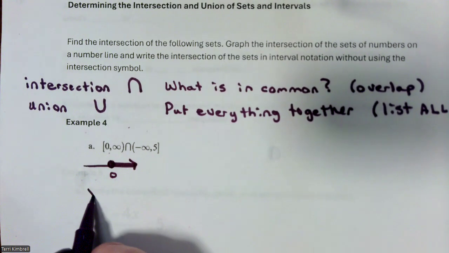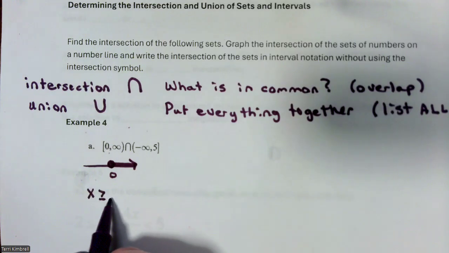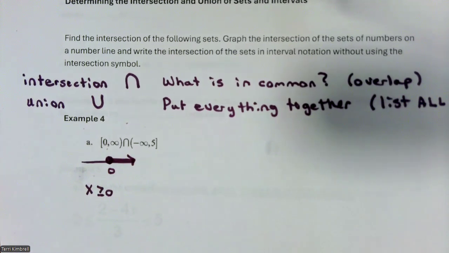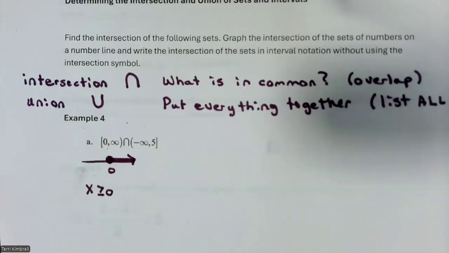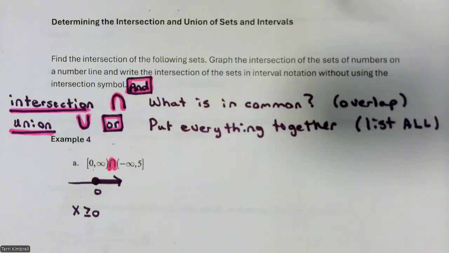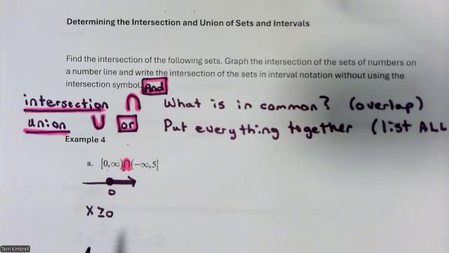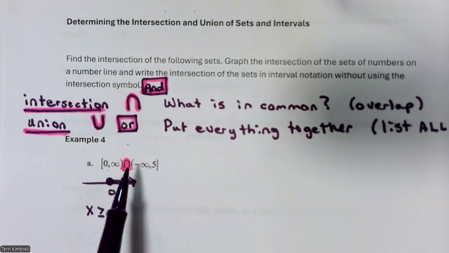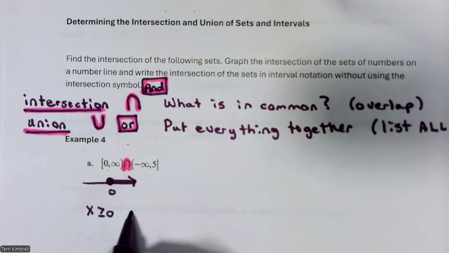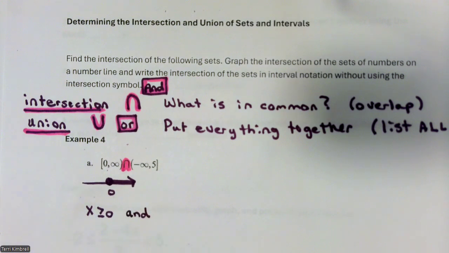So I'm going to go ahead and put down what that would look like in inequality notation. So it basically would say x is greater than or equal to 0. So when you see the upside down U, which is the intersection, like this one, you're going to put the word and. When you see the U, you're going to put the word or.